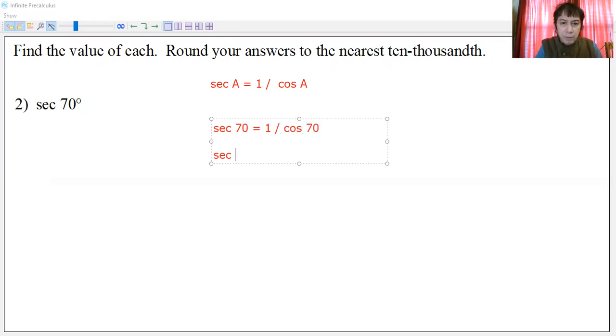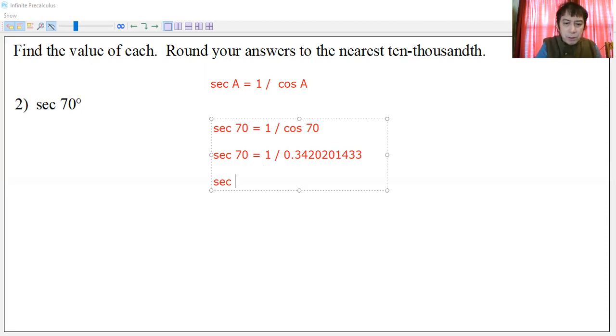We'll be able to get this from our calculator. So 1 divided by cosine of 70, and cosine of 70 is, make sure you're set to degrees, 0.3420201433.